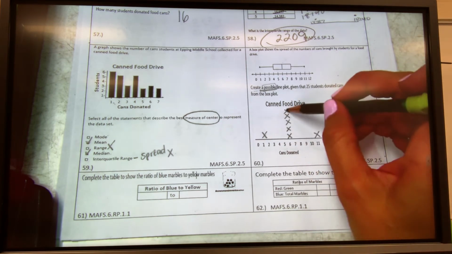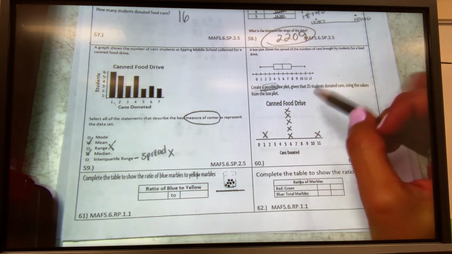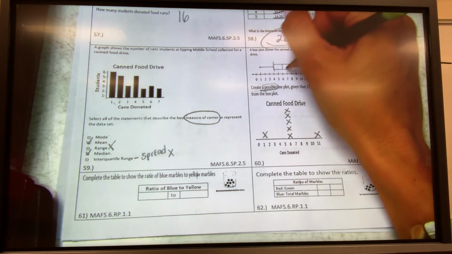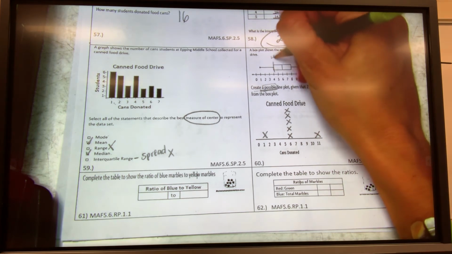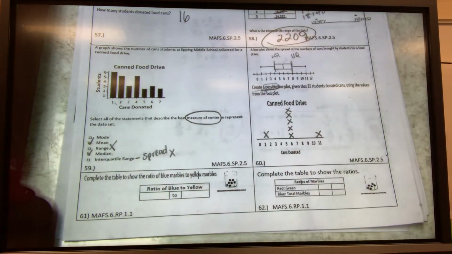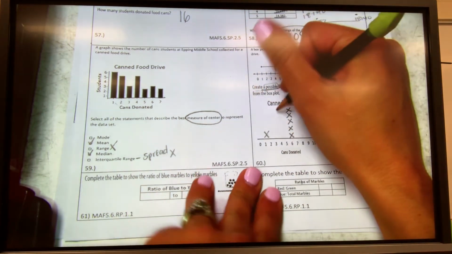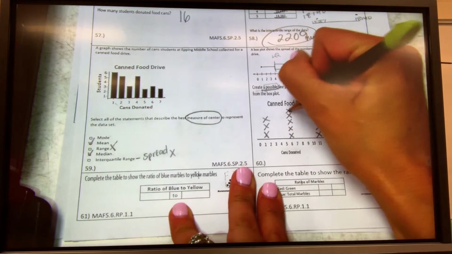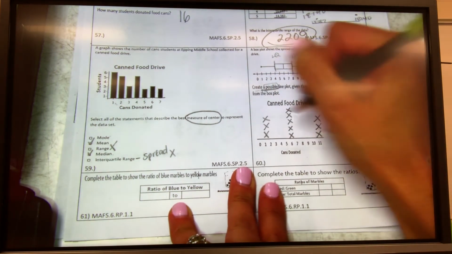So we got 1, 2, 3, 4, 5, 6, 7. Okay? You know that you have to have an interquartile range of 4, a lower quartile of 4 and an upper quartile of 8. This is just one that you're going to have to continue to work and figure out and add numbers in to see that you get the right numbers. Okay? You could do it like this. 1, 2, 3, 4, 5, 6, 7, 8, 9, 10, 11.